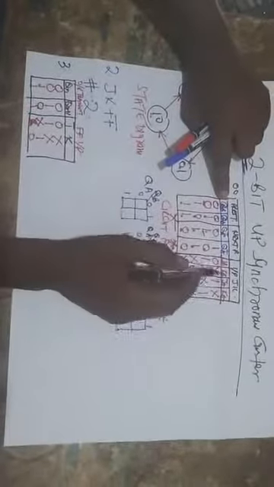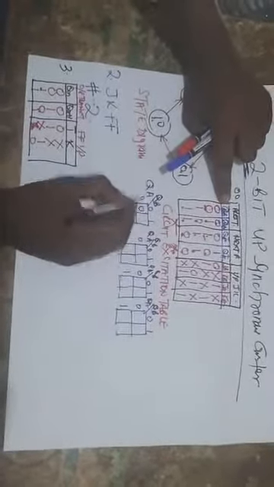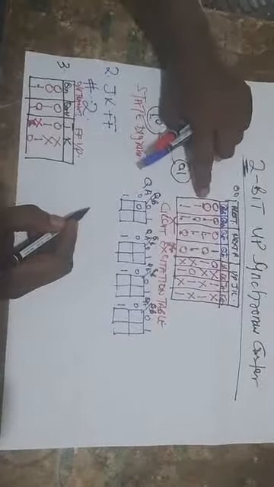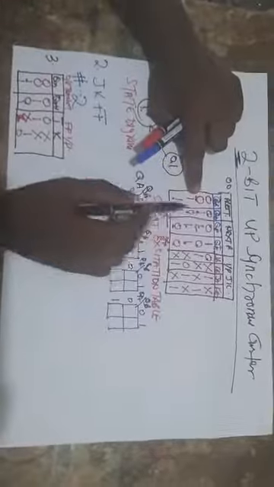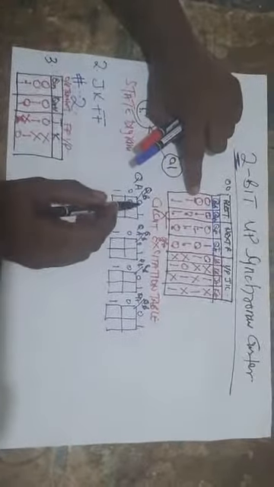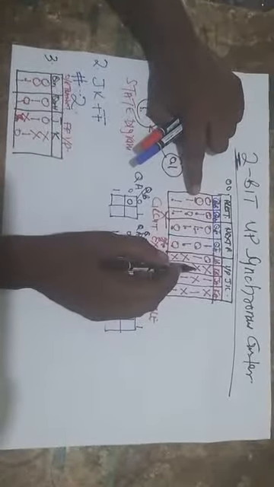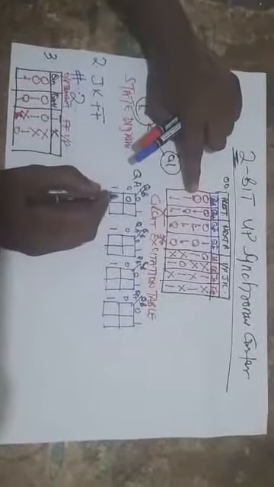Now, when QB is 0 and QA is 0, that is 0, 0, J is equal to what? 0. So this is 0. When QB is 0 and QA is 1, so 0, 1, this is what? Don't care, right?